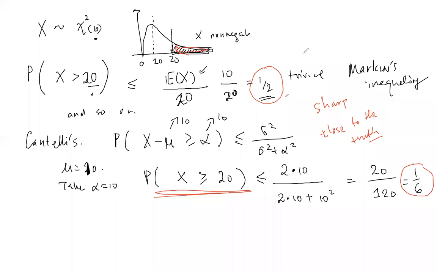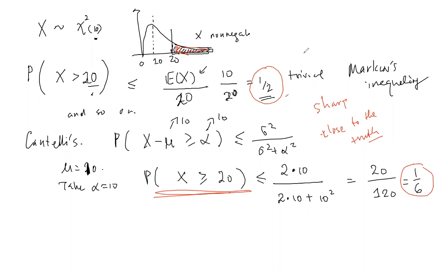Seems like it's Cantelli, because it's a smaller value, right? This means it's sharper and closer. Yeah, that's right. Usually the sharper one is the smaller one, because a smaller bound is more useful. You know that at most it goes up to this particular level. If this value is high, it's basically useless. Like if you say a probability is bounded by 2, it's a useless statement because I know it's already bounded by 1.